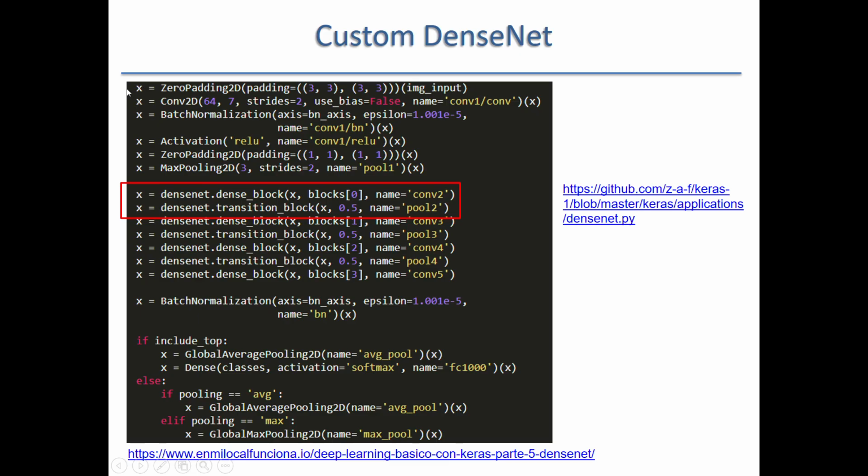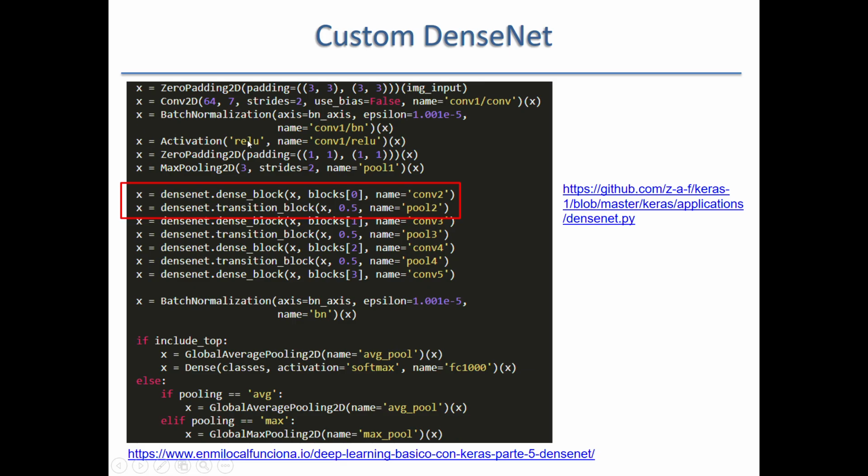The output of the previous layer is X, and you call it X again. This is just a convenient way of applying these things. Then you do a batch normalization with some epsilon, you put a name, apply it on X and keep it in X.